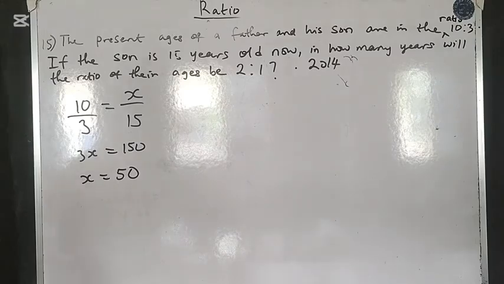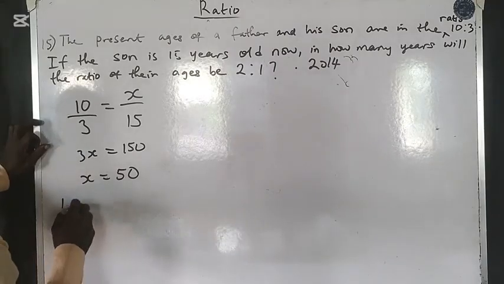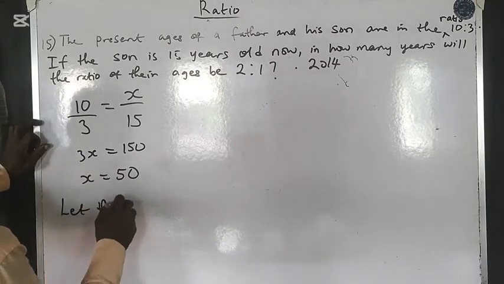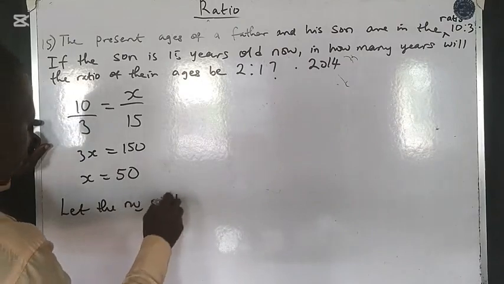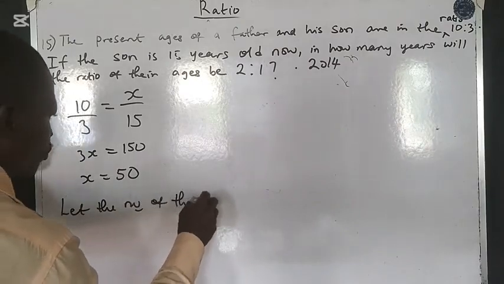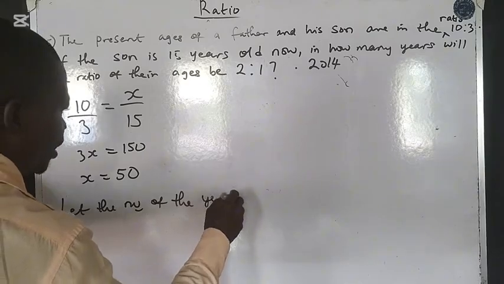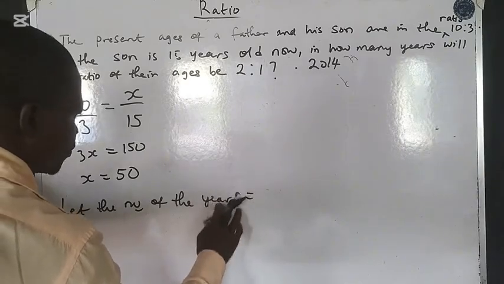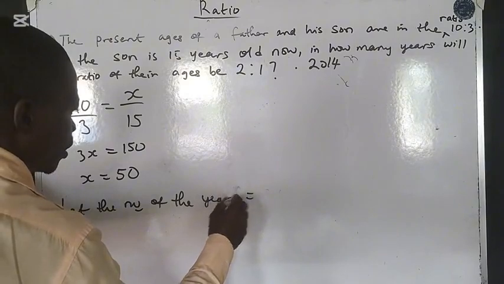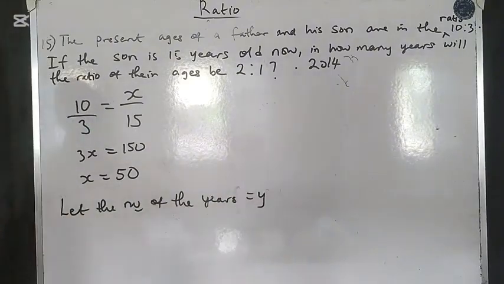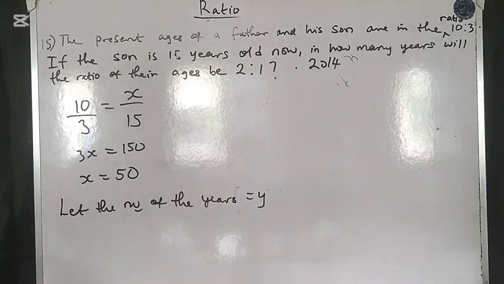In how many years will the ratio of their ages be 2:1? The number of years we don't know, so let the number of years equal y. In y years, the father's age will be 2:1 of the son's age.